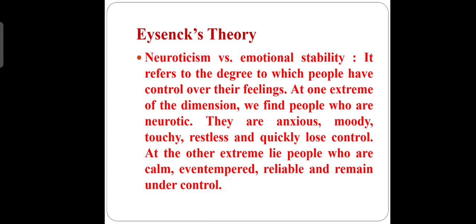So, the opposite pole of neuroticism is emotional stability. These are the characteristics of neuroticism: anxious, moody, touchy, restless. And the other people have characteristics like calm, reliable.